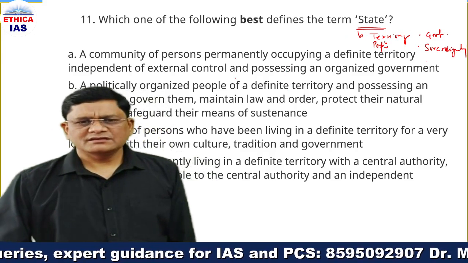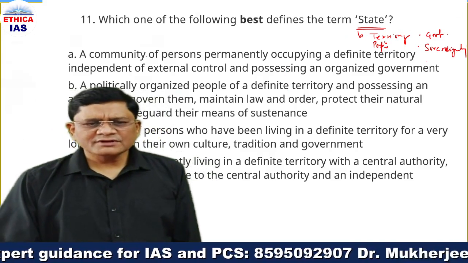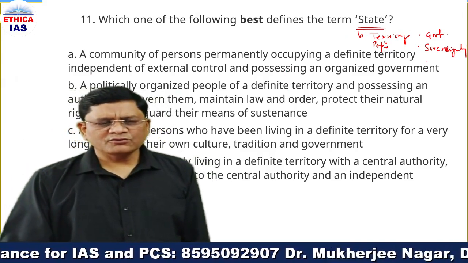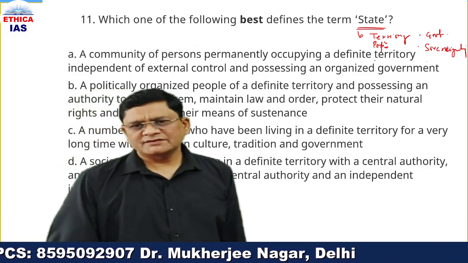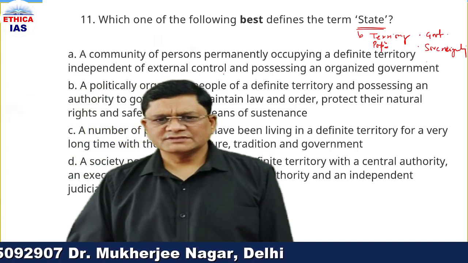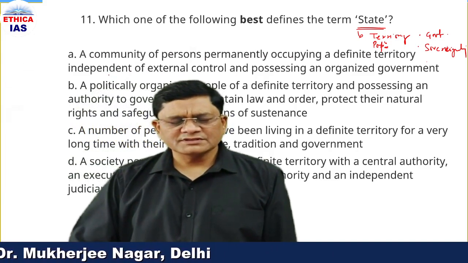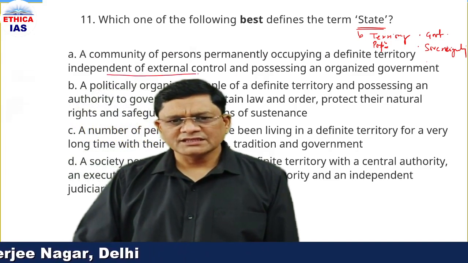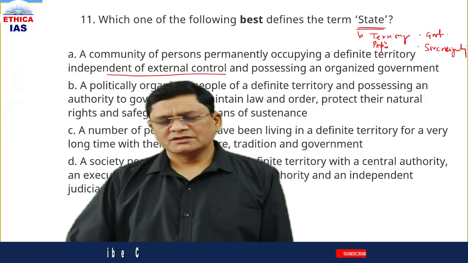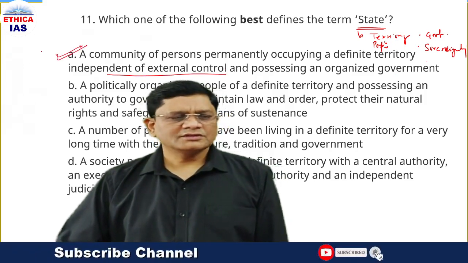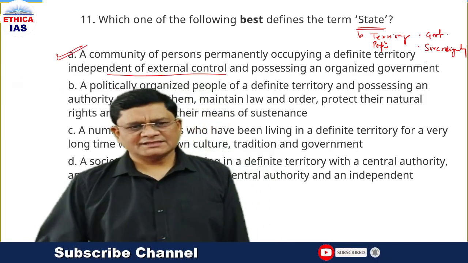So these are the four elements of state. We know very well. And if we read all four statements: a community of persons permanently occupying a definite territory, independent of external control. Independent of external control means sovereignty, and possessing an organized government. So the first option is our answer.